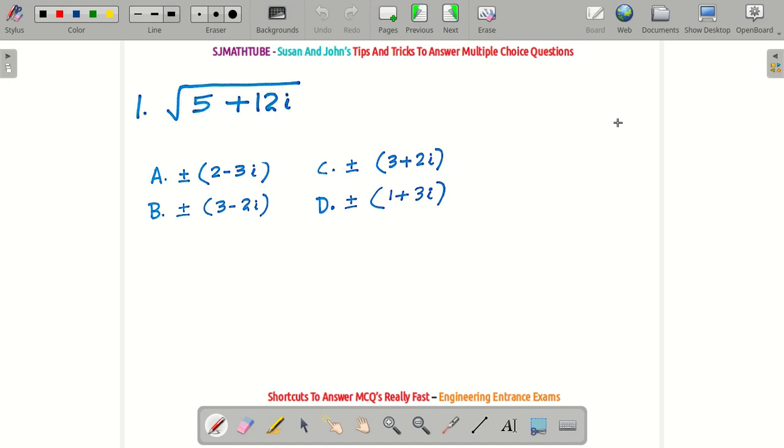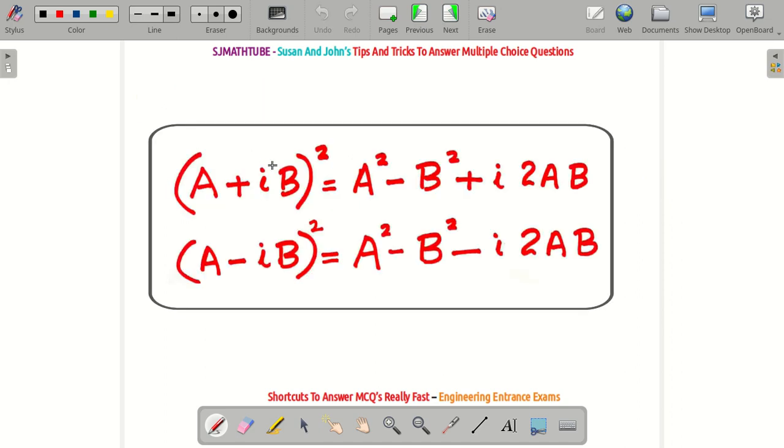So, what is the square root of 64? I'm sure most of you will say the answer is 8 or maybe minus 8. The reason is, what is 8 square? That is 64. That is exactly what I'm planning to do. But before we start, it will be really good if you go through these formulae.